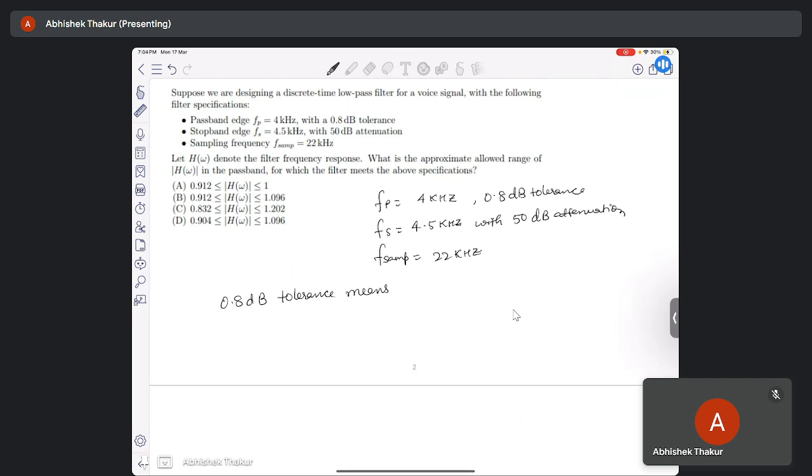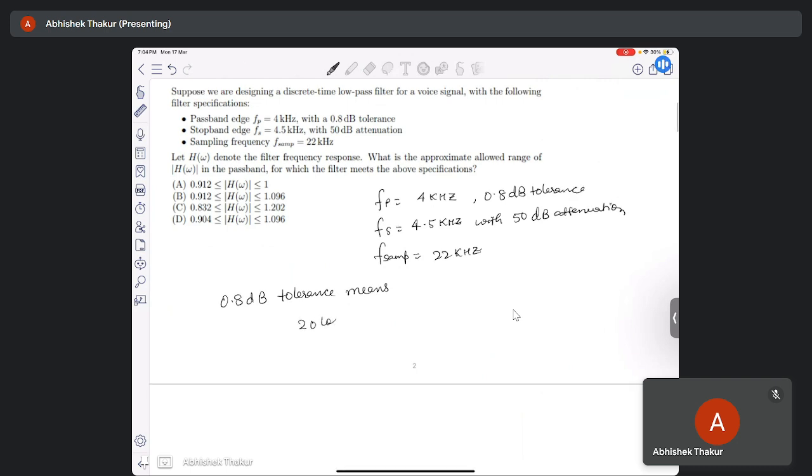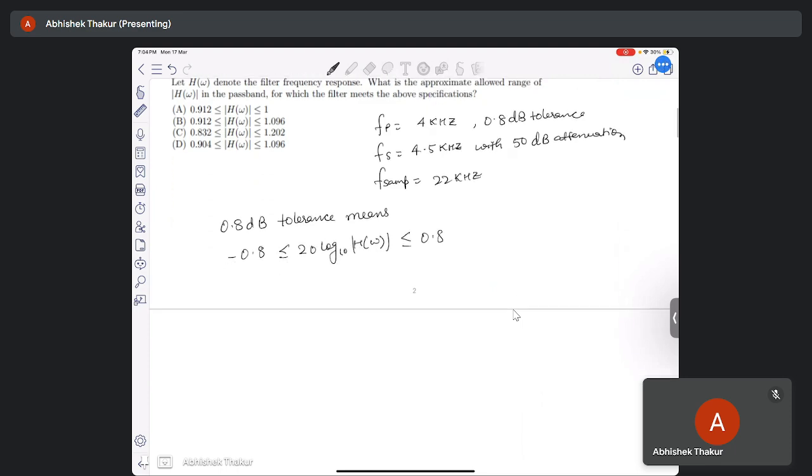The filter gain in dB, that is 20 log to the base 10 of H of omega, will be less than or equal to 0.8 and greater than or equal to minus 0.8. Divided by 20, we get minus 0.04 is less than or equal to log 10 of H omega, and this is less than or equal to 0.04.